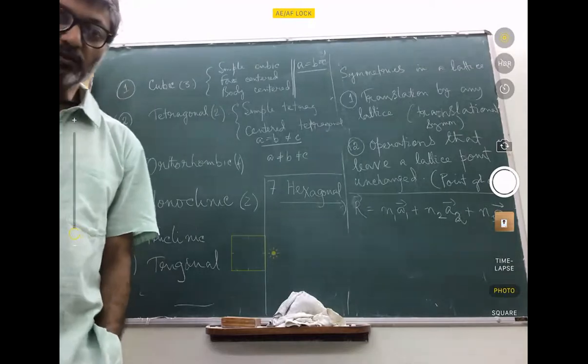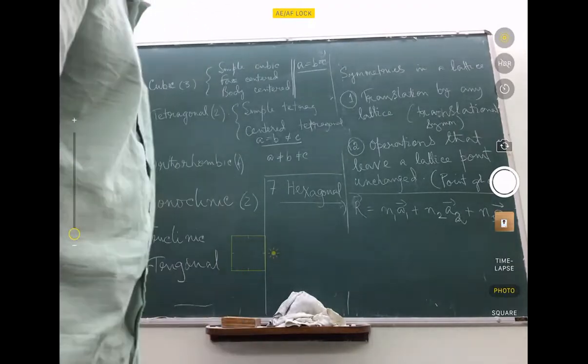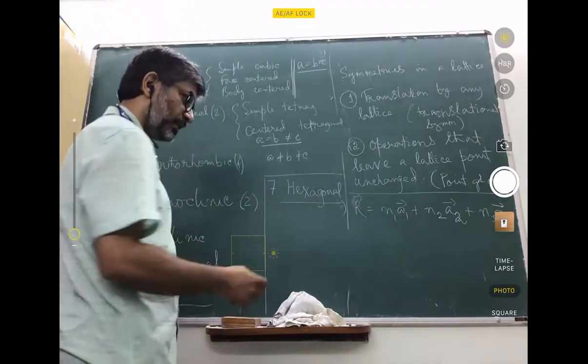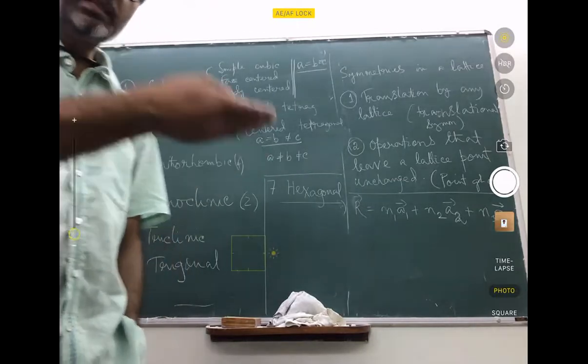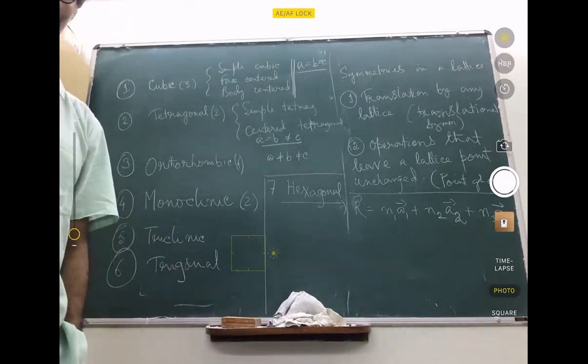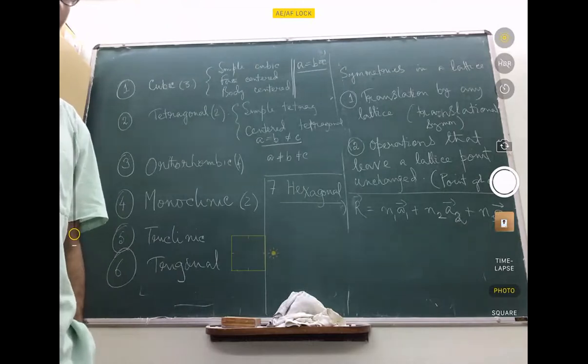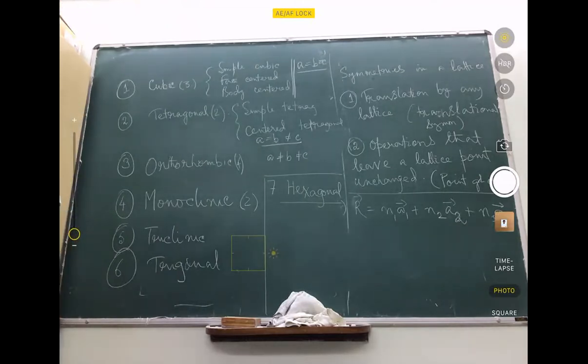That's not compatible with the symmetry of space. So in other words, you cannot have regular pentagons tiling a plane. Therefore, you cannot have lattices that have 5-fold rotational symmetry. So these are the possible symmetry structures.